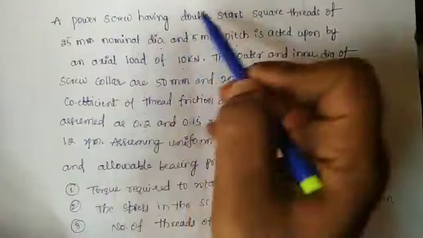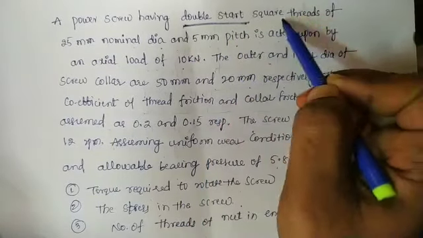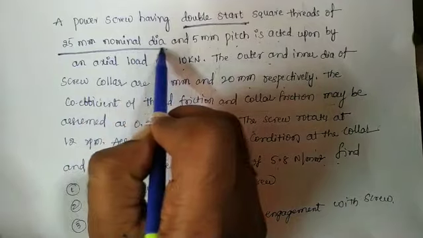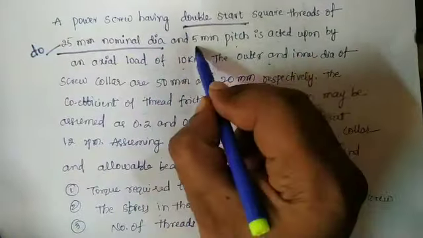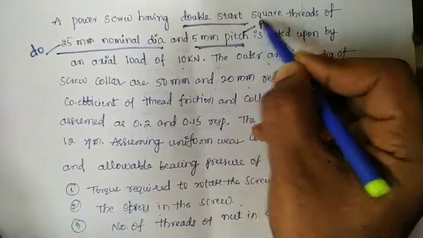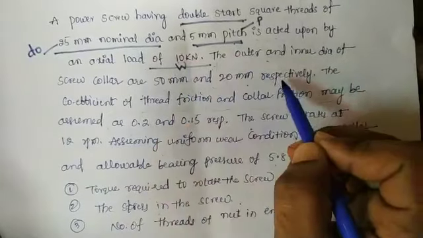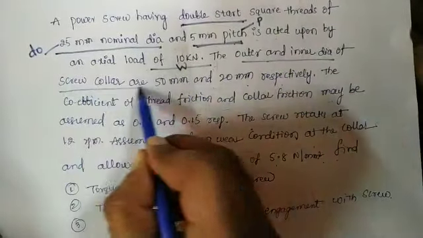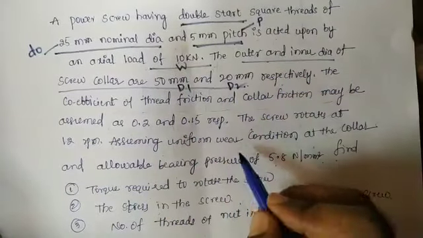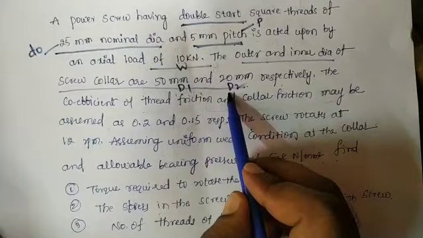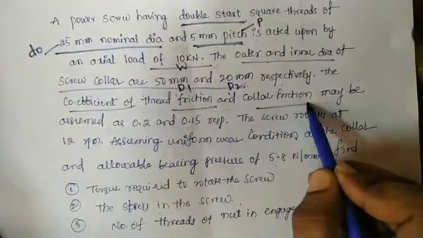The power screw having double start, so this condition is very important. Then square threads of 25 mm nominal diameter. What is the symbol of nominal diameter? D0. 5 mm pitch, that means P, is acted upon by axial load, that means W. The outer and inner screw collar diameters mean D1 and D2.